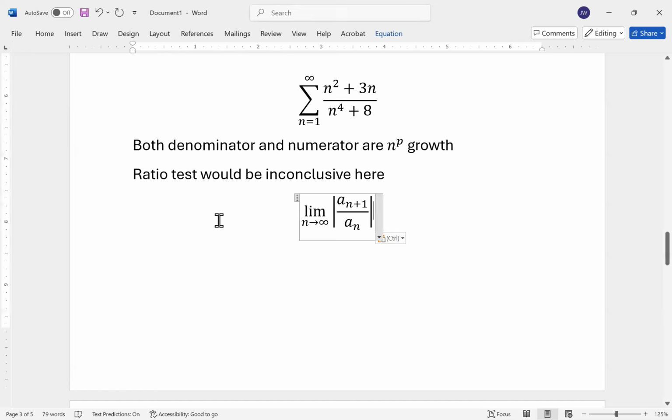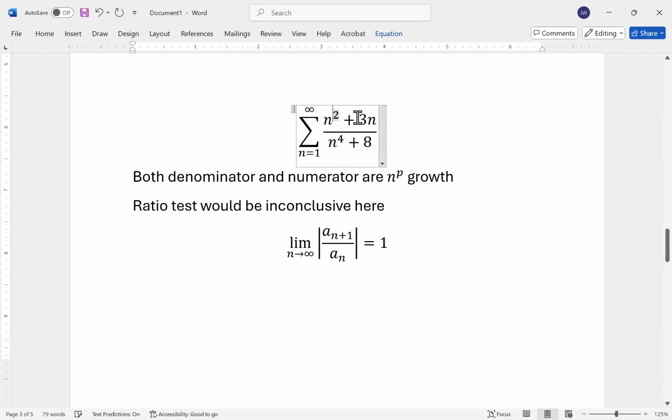So in other words, again, I'm sparing the hard work here, but if you looked at the limit of this ratio, and you did the hard work of calculating it, it would come out as 1, and therefore the ratio test would be inconclusive.